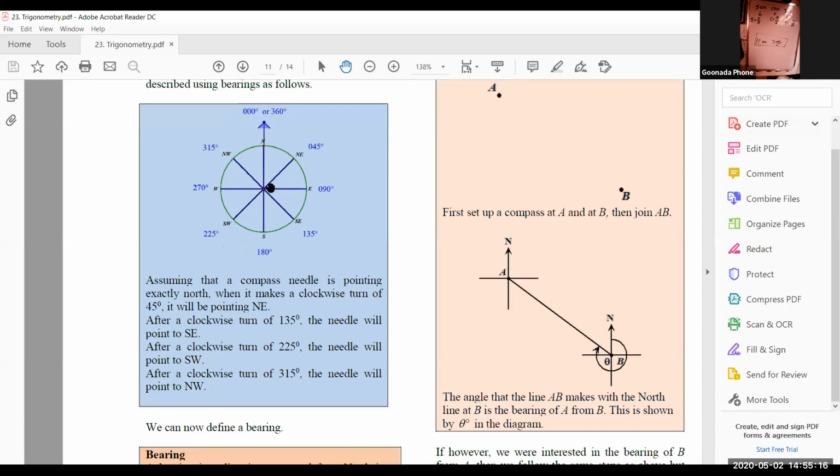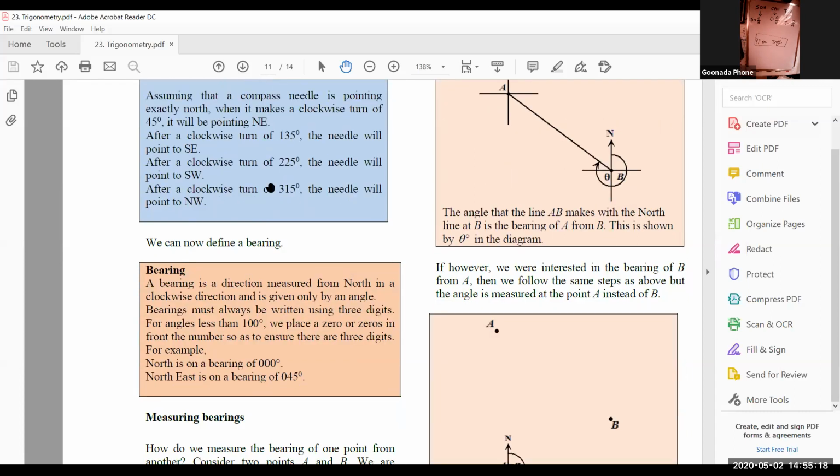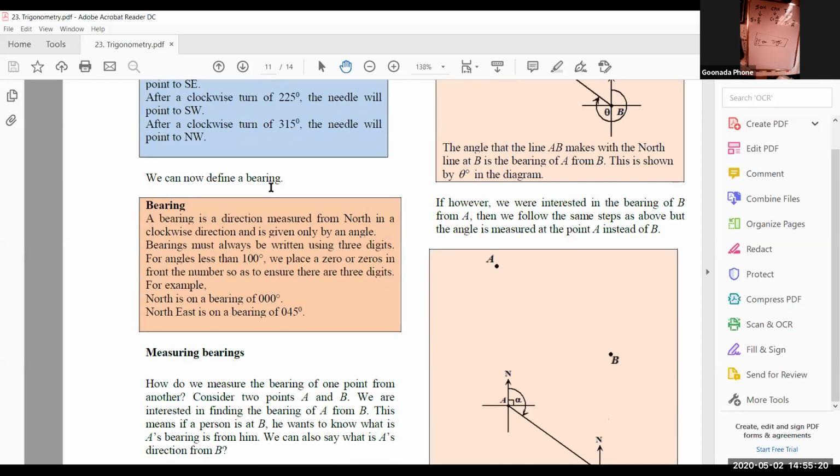Okay. So now that you have all of that, let us define a bearing. A bearing is a direction measured from north in a clockwise direction and is given only by an angle. Bearings must always be written using 3 digits.